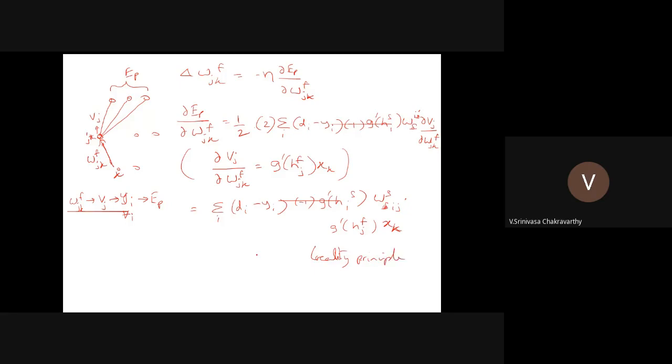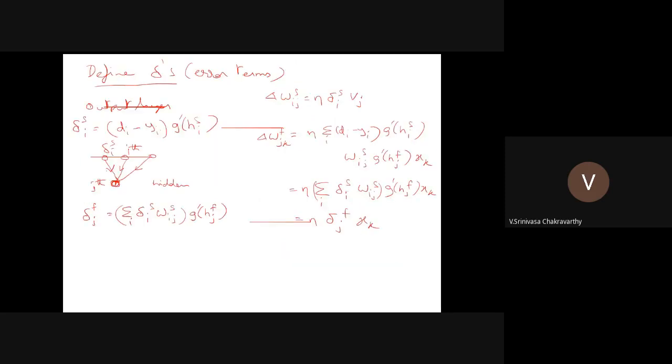But if you look at this form, you imagine that the weight wij of second stage has something like delta si at the output and vj at the input.